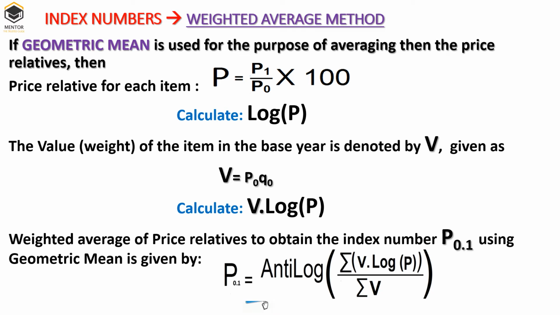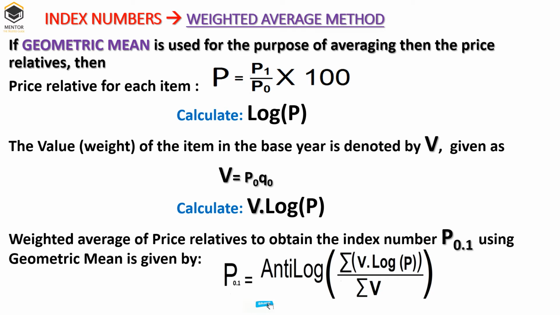The weighted average of price relative to obtain the index number of the current year based on the base year using geometric mean is given as antilog of the summation of the product of our values into the log value of our price relative, whole divided by the summation of all the weight values.